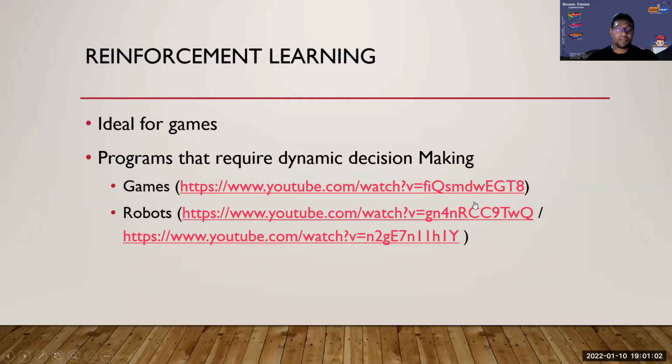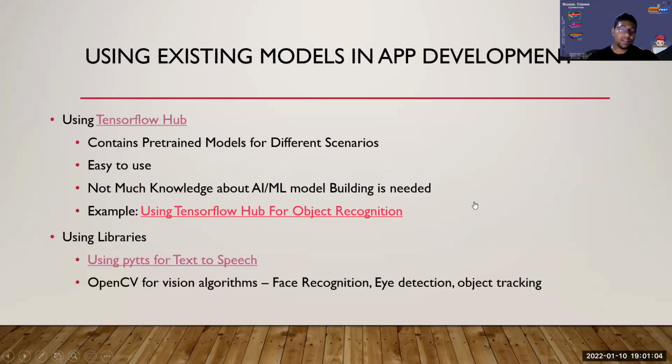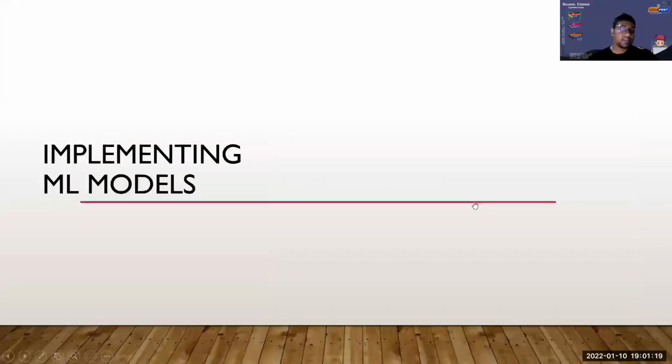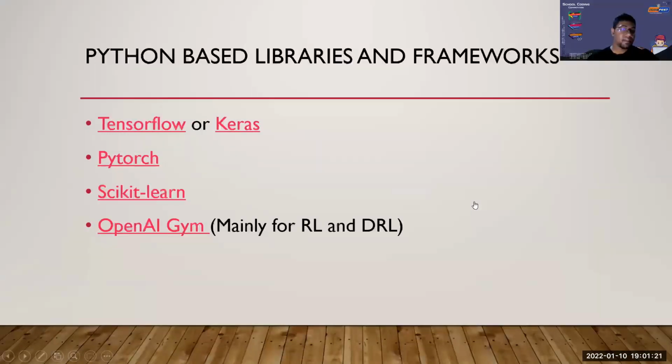So you can use resources like TensorFlow Hub and different libraries, like there's a computer vision library called OpenCV. I have given you a link to it somewhere here. We have something called OpenAI Gym. I'll show you that one as well. It's a nice resource that you can use.